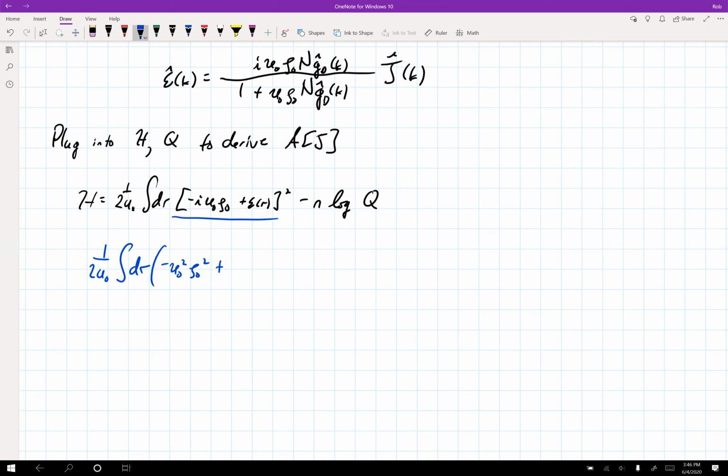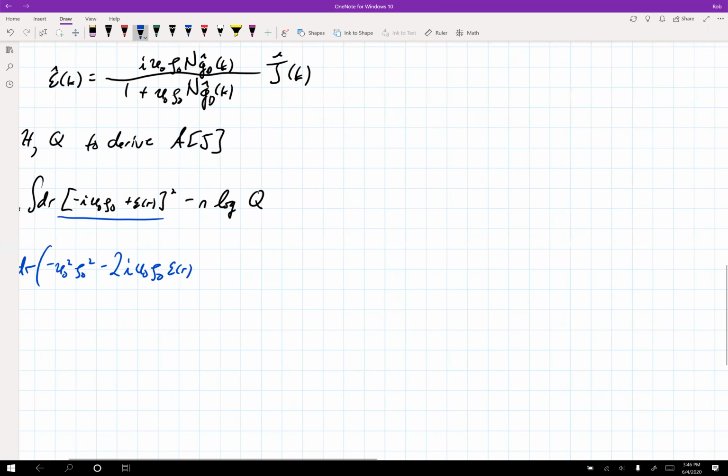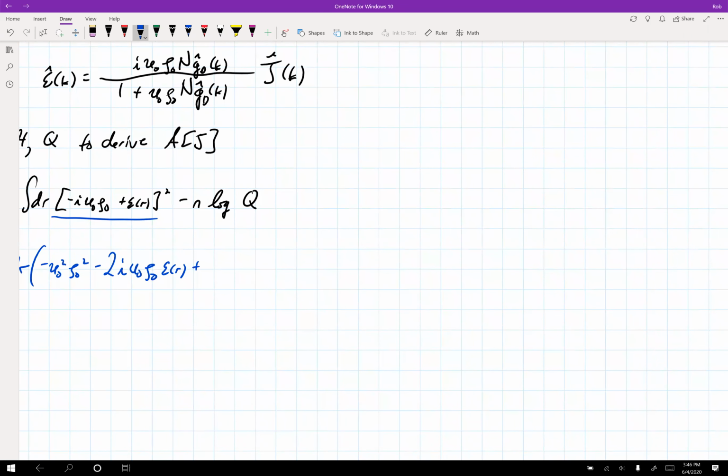Then we have plus 2, right? So from the square, we have 2i u0 rho 0 epsilon of r. I guess that should be a minus, right? And then plus epsilon of r squared.